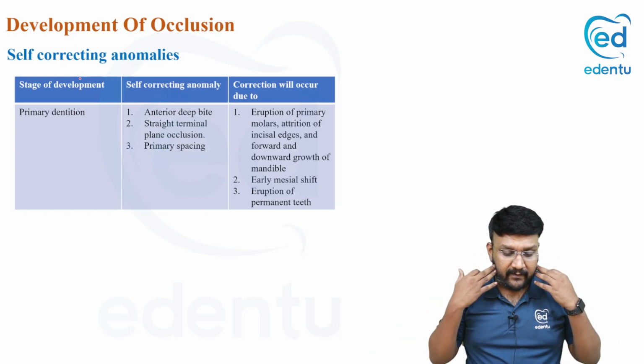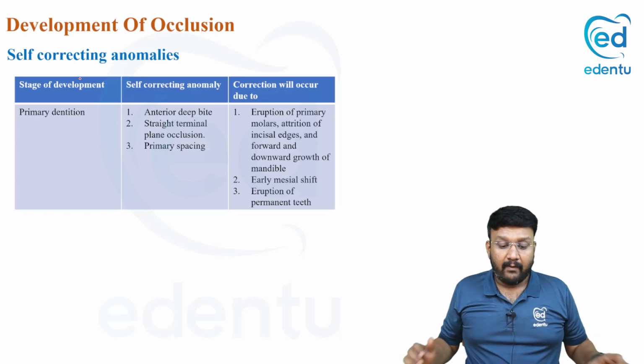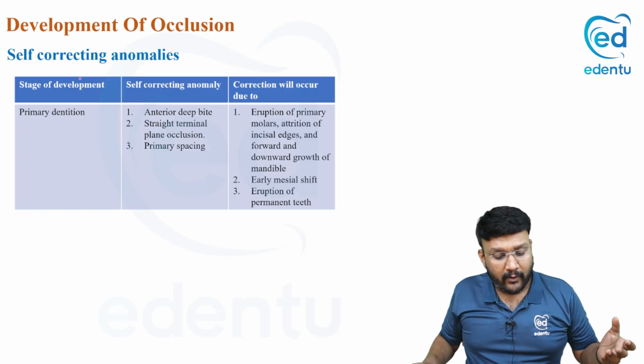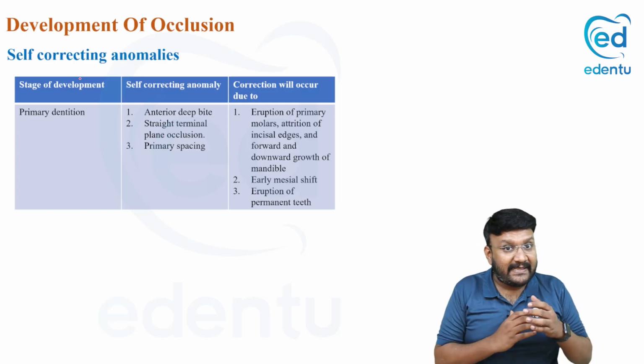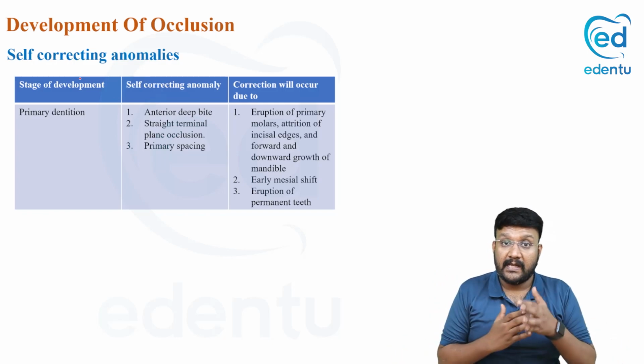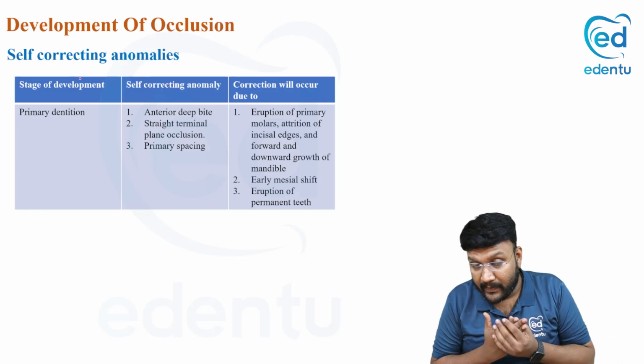When the primary molars erupt, what happens? There will be attrition on the incisal edges, and forward and downward growth of the mandible also occurs. So when these 2 occur, automatically the deep bite will be corrected. So there will be attrition of the lower incisors.